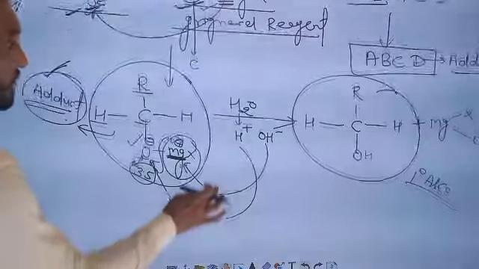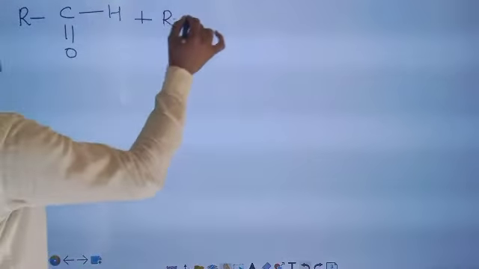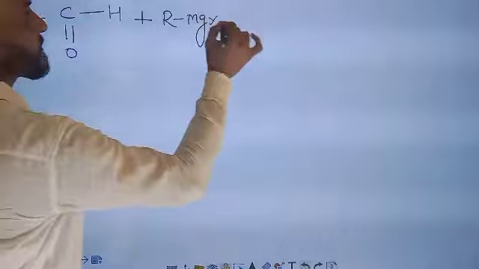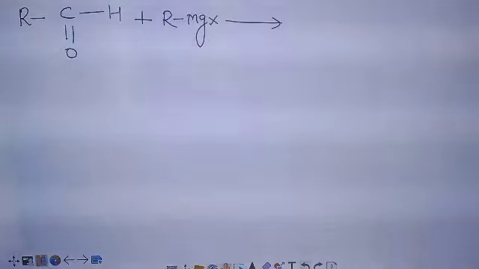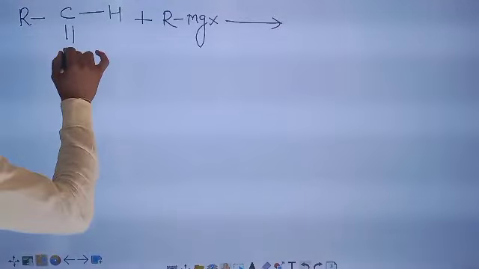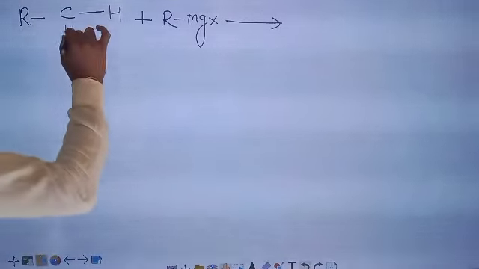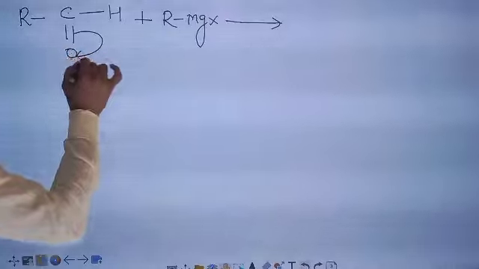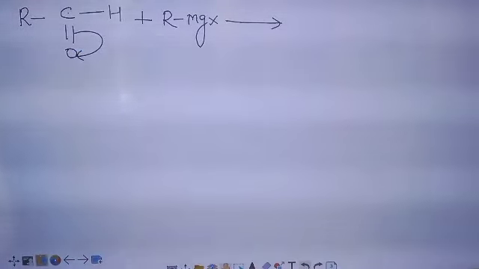Now the reaction of other aldehydes, except formaldehyde, with the Grignard reagent RMgX. Oxygen has an excess of electrons, carbon has a deficiency. Due to the electromeric effect, oxygen attracts the electrons from the less electronegative carbon atom.